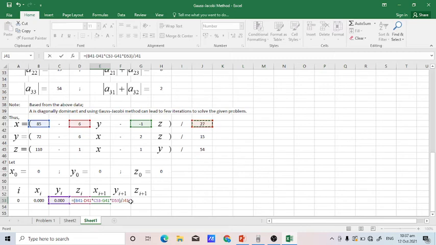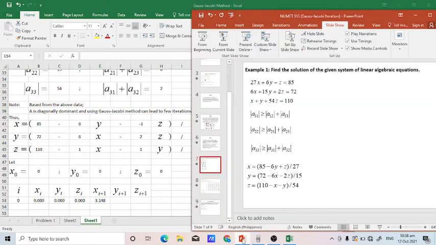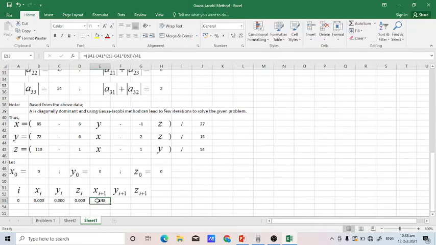Yung J41, yung 27 pa rin, kahit nag-iba ako ng given dito. So, ingat lang. So, J41. So, that's it. Enter. 3.148. Check natin. Ayun, nakuha. 3.148.